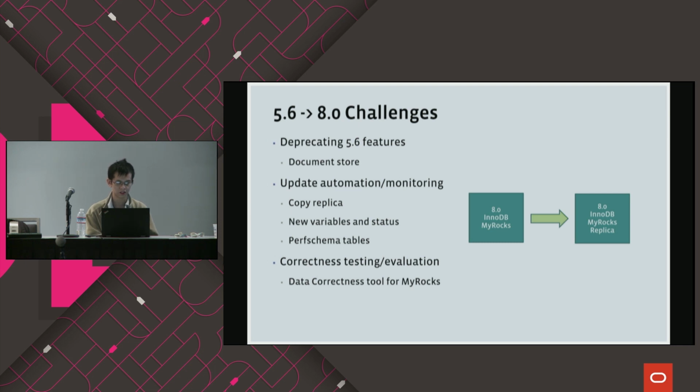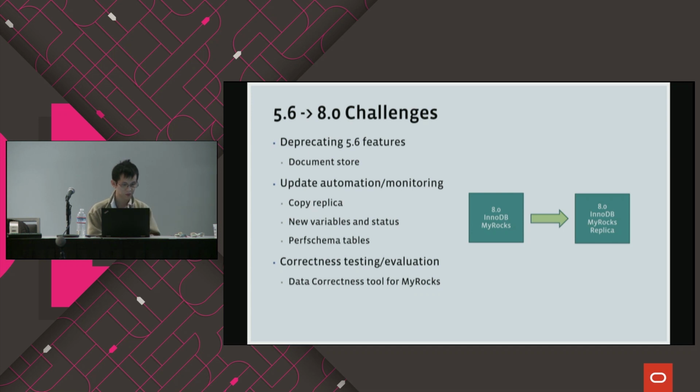Another example that's fairly similar is the select skip locked feature in InnoDB. We have written something very similar to this, and now something equivalent is offered in upstream, but the syntax is slightly different. So now we have to deprecate our own feature and migrate to the new one.